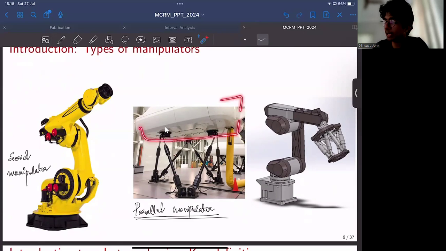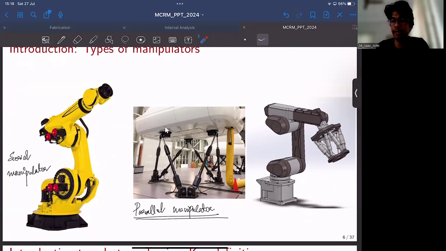Whereas in the case of a parallel robot, the motors or the heavy actuators are much closer to the ground, and they have relatively low velocity. Because of that, the moving inertia is less in a parallel manipulator.